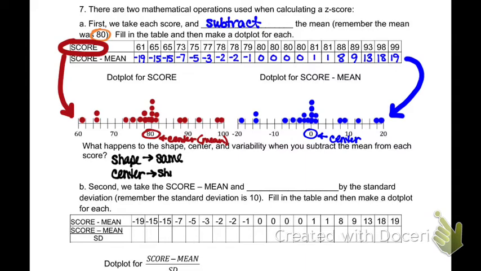So it shifted down 80. And I'm going to say 80 points. So the mean of this new distribution, the center of the new distribution, we would describe as what? Gentlemen, eyes up here, please. The center, the mean of just the raw scores was 80. Where is the center, the mean, for the score minus mean? 0. At 0.